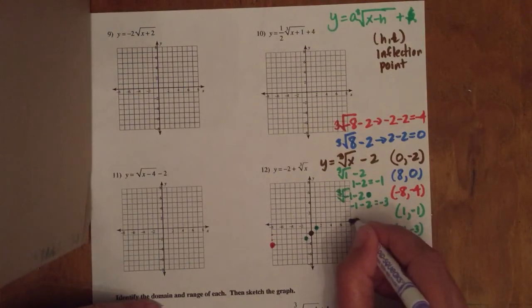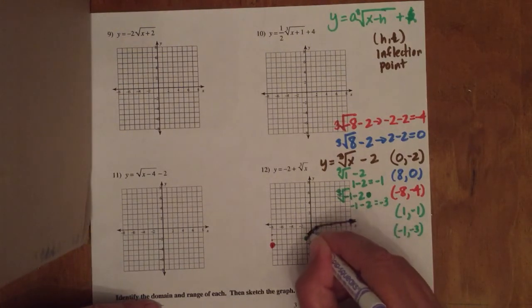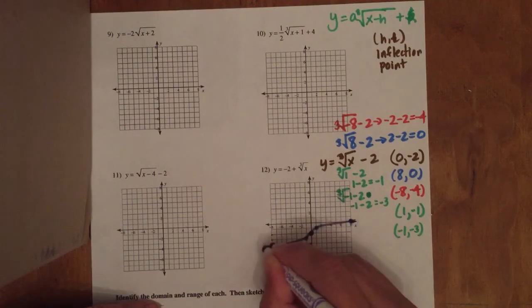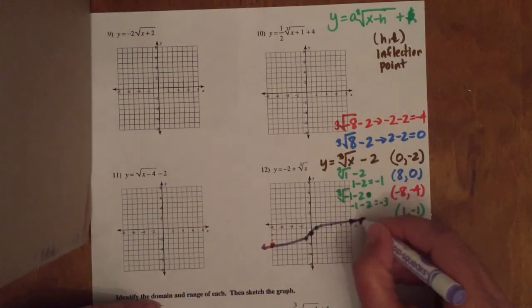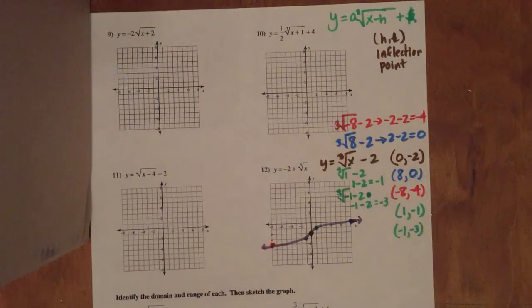So my graph is going to look something like this. It hits your inflection point and then changes behavior. And don't forget your arrows on the end. I don't always remember to write them myself, but we do need to indicate that the graph keeps going. So that is how you graph basic cube root and square root functions.